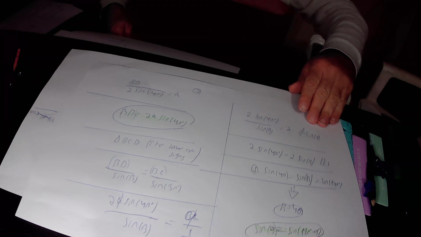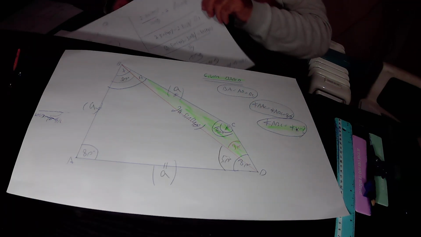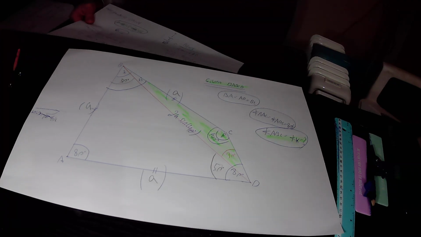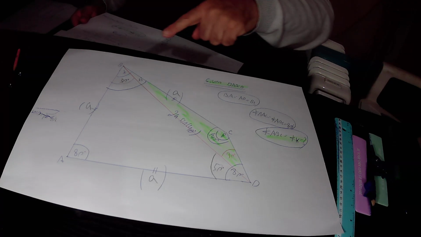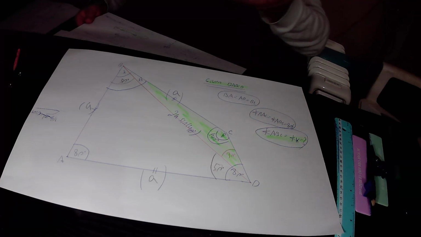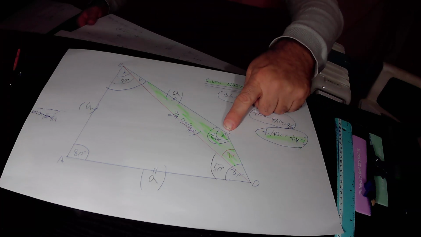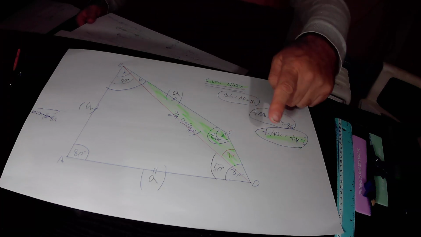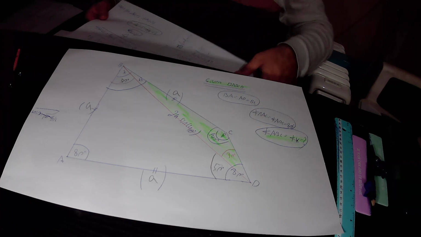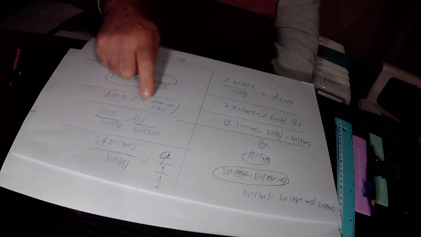In the next step, we implement the law of sines in this green triangle BCD. But first of all, we define this angle BCD as beta. So according to the law of sines in this green triangle BCD, BD over sin beta equals BC over sin 40 degrees.